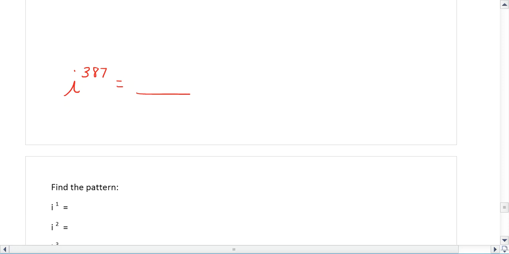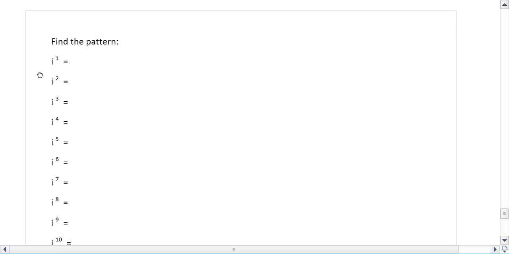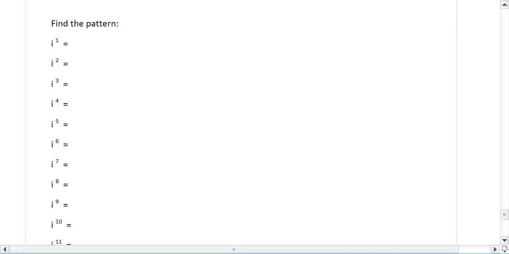So what we're going to do is look at the powers of i and see if we can find a pattern. So take a moment, write this down, and then start filling in the answers based on your knowledge that i squared is negative 1, and I'll do the same, and let's see if we can see the pattern. So it starts that i to the first is just i, i squared is negative 1.